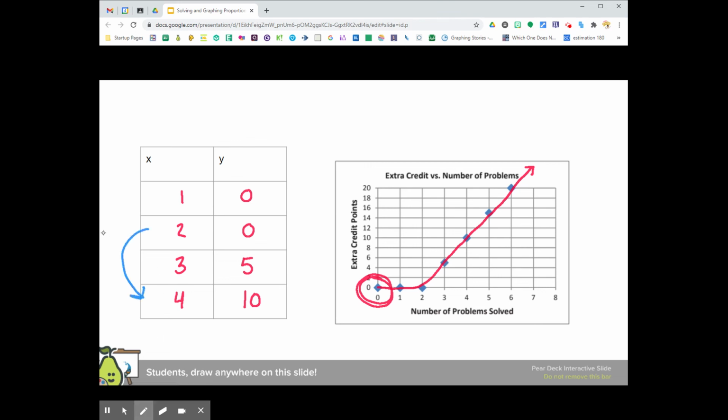If I go from 2 to 4, I can multiply by 2. But 0 times 2 is not going to give me 10. So no, they're not proportional. It does not work. So even though you have a point of 0, 0, it's not a straight line where they all have this proportional relationship or equivalent constant of proportionality to one another. So no, this is not a proportional relationship graph.